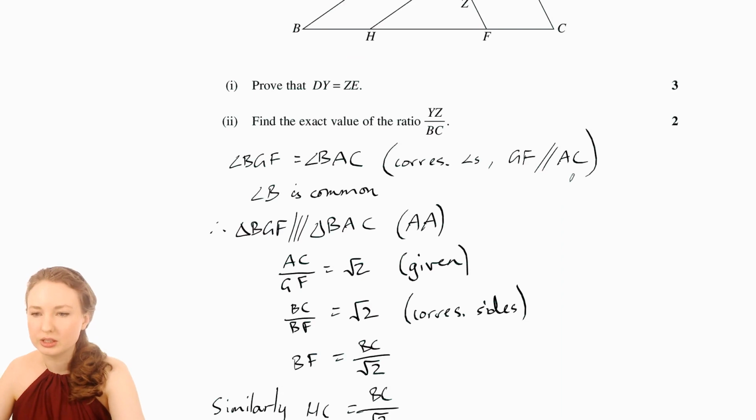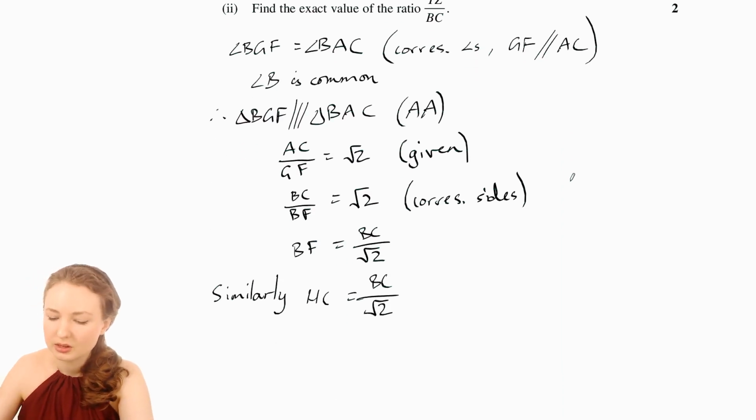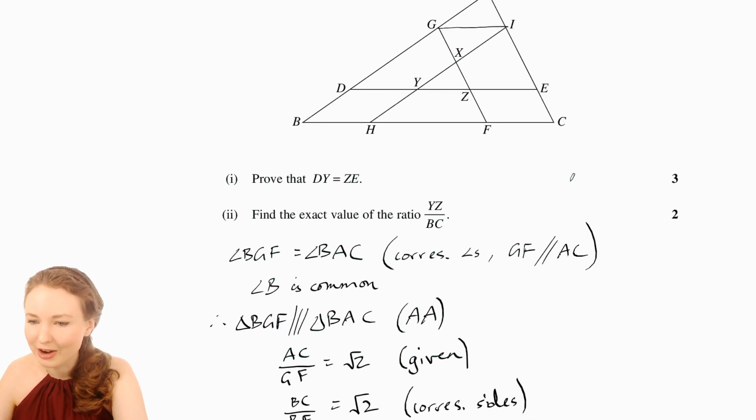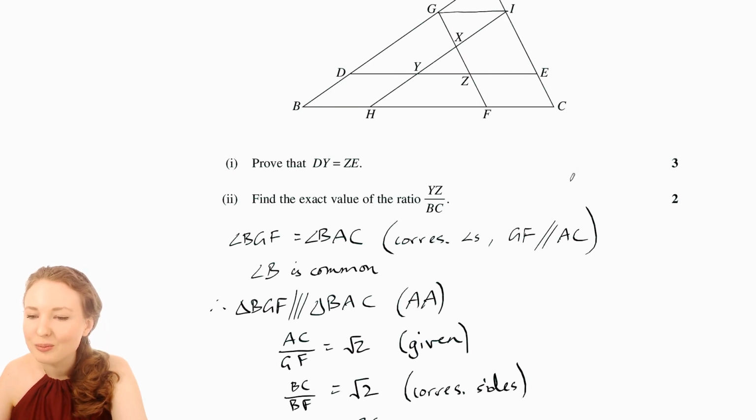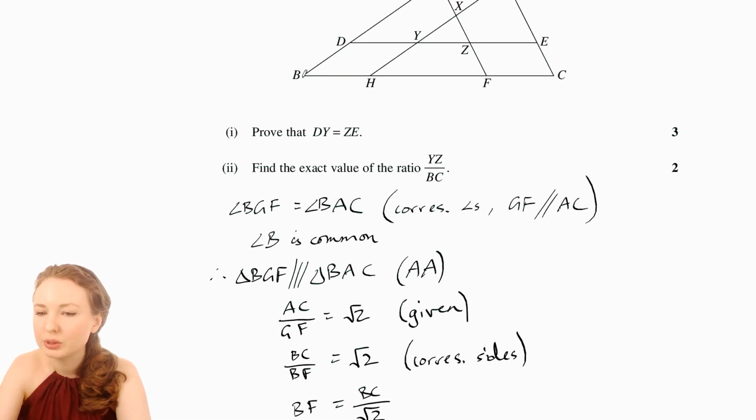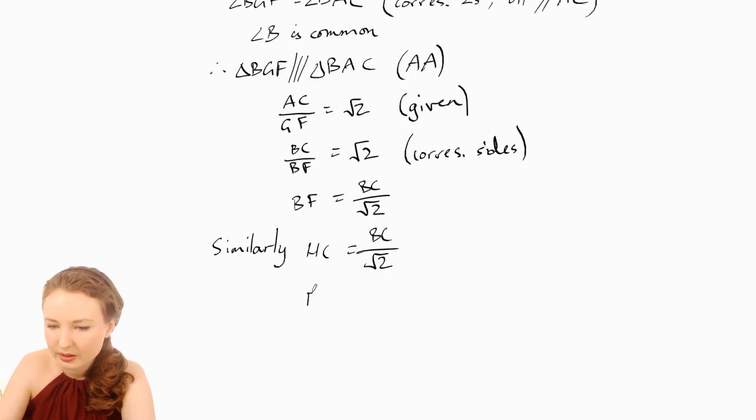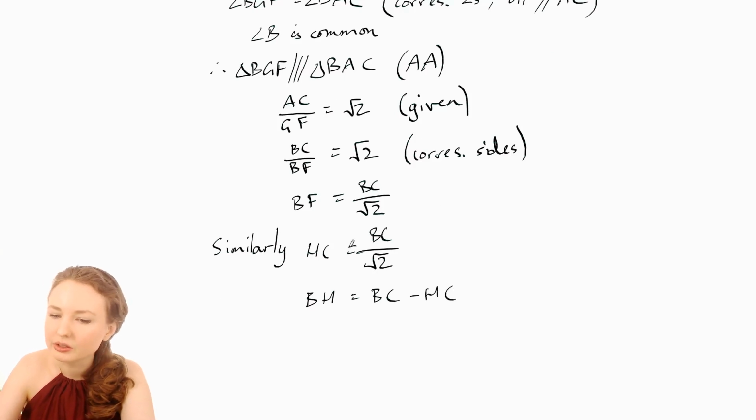So we could say, we need to look at the diagram and write at the same time. BH, so BH is BC minus HC. And then, oh yeah, and then that's BF.